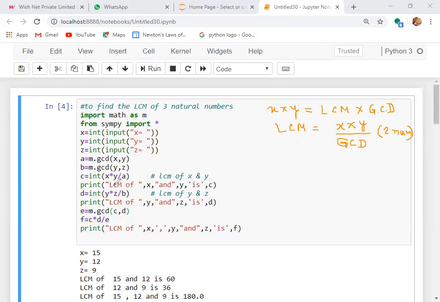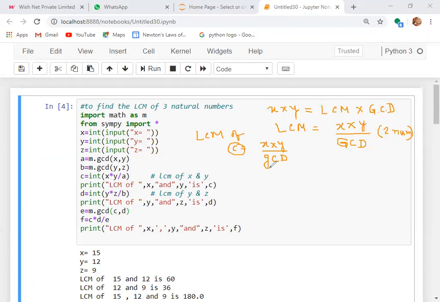Now A is equal to the GCD. If we write C is equal to the product of the two numbers x into y divided by the GCD, then C is nothing but the LCM of x and y. Clear?